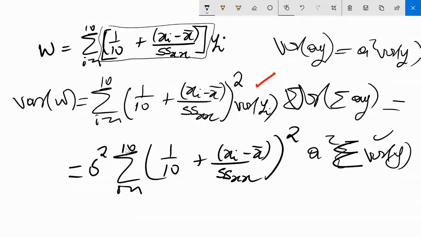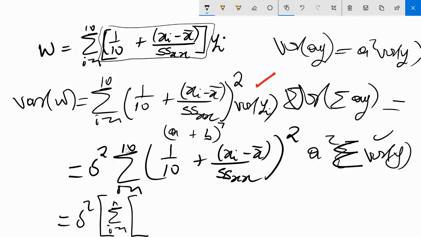Then from here, we have to simplify this bracket here. And when we do that, I will write it like this. This is nothing but a plus b all squared. And that we know is a squared plus 2ab plus b squared. So this is our a.